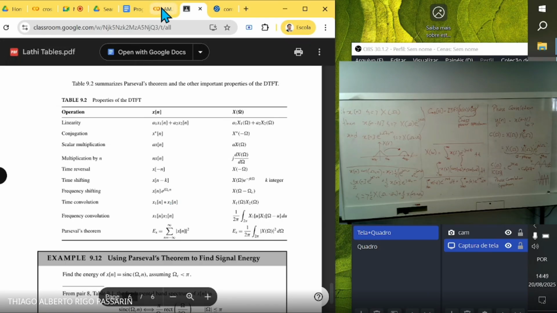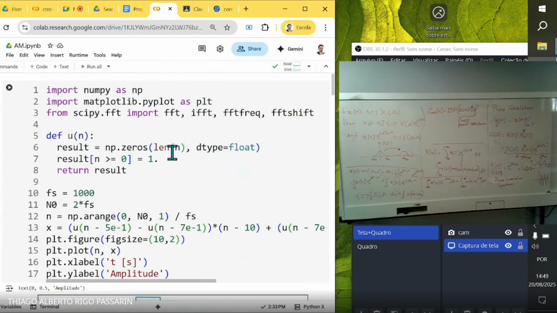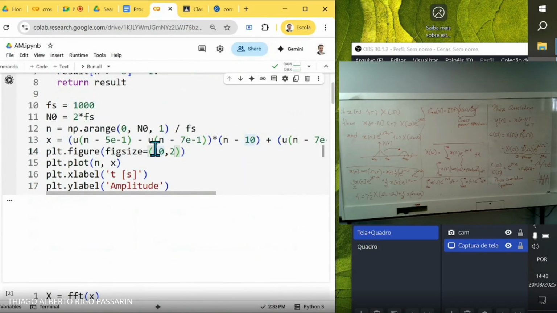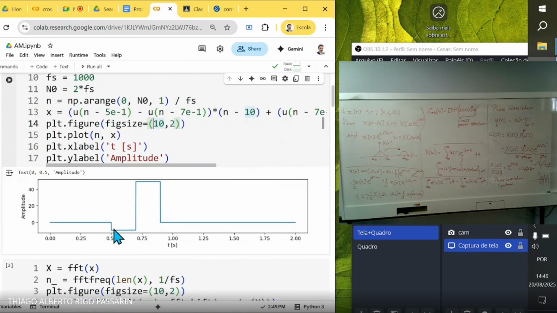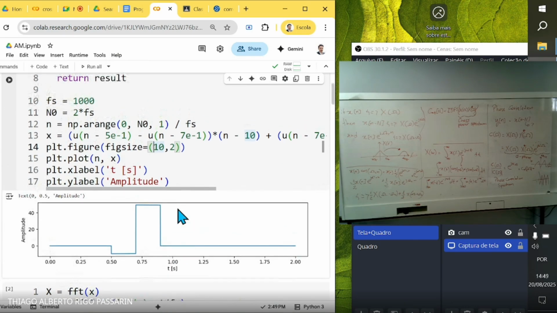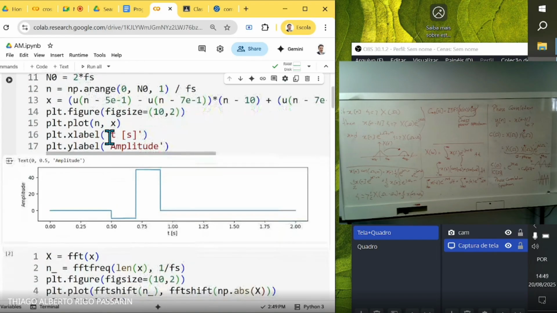There's an example here. First, I define a signal. This is my signal. I'm already plotting it in the time domain in seconds here, assuming a 1,000 hertz sample rate.